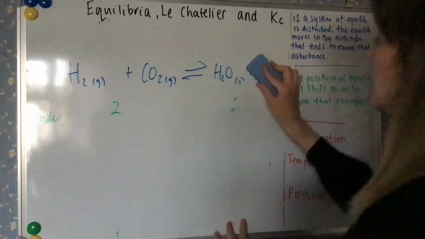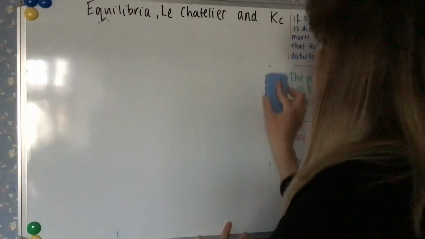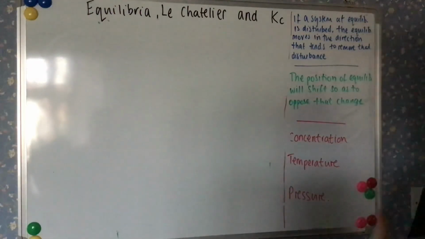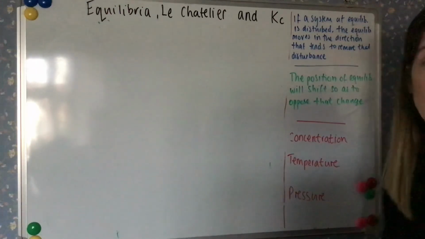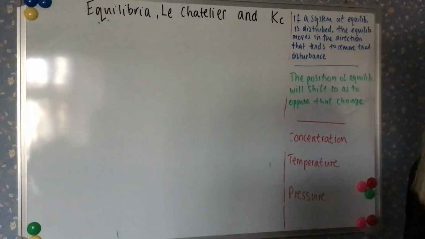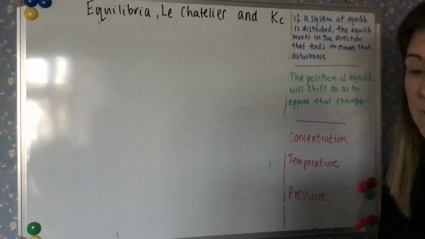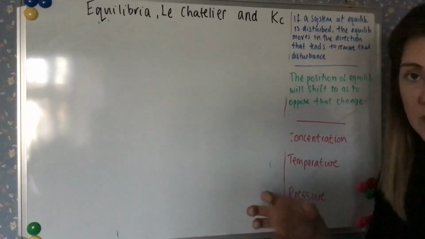One thing I want to make clear in this video is that if you increase the concentration or the pressure or the temperature of any of the reactions that you're looking at, you will increase the rate of the reaction. So if you remember from the kinetics topic, all of these 3 conditions affect the rate of reaction, but the rate of reaction and the position of equilibrium are completely different.